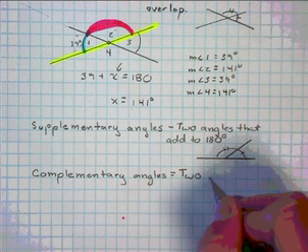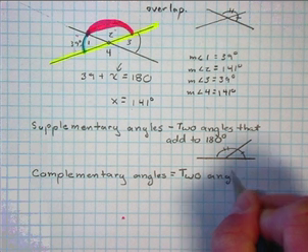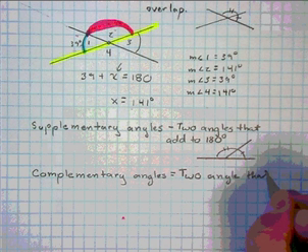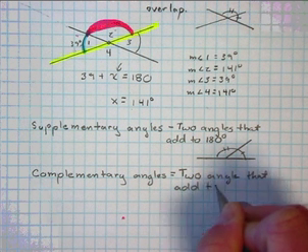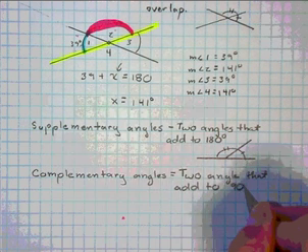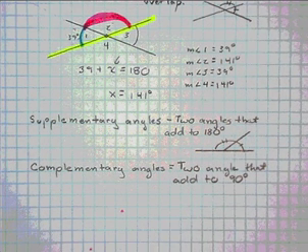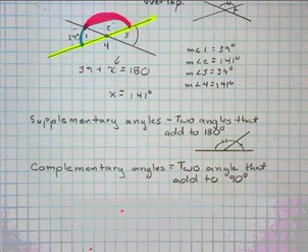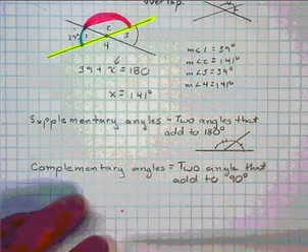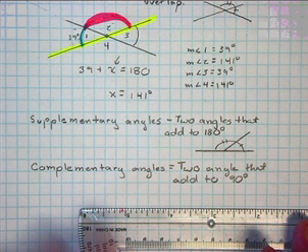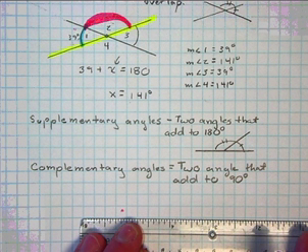Complementary angles are two angles that add to 90 degrees. So it's pretty much the same, except instead of 180, it's going to be 90. And 90 degrees is like this.